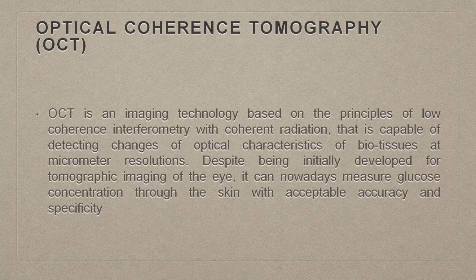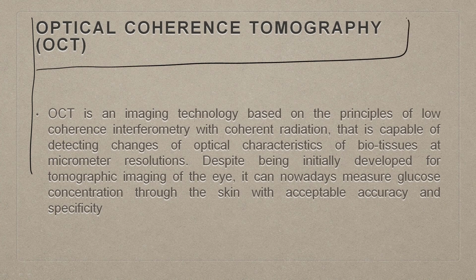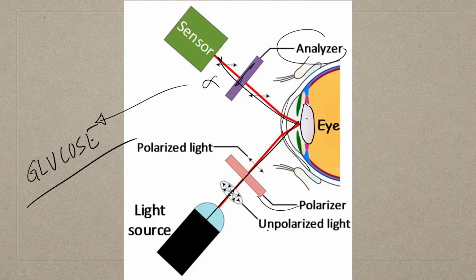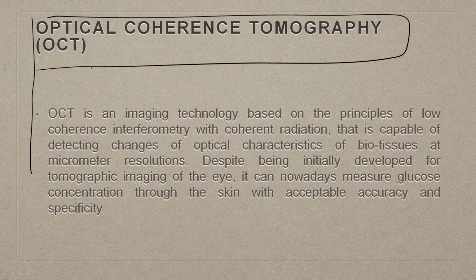Now, from here we move to another optical technique, because there is a lot of love for optical techniques because most of them are non-invasive. So, you see this is an NI technology, non-invasive technology. Now, what is optical coherence tomography, OCT?